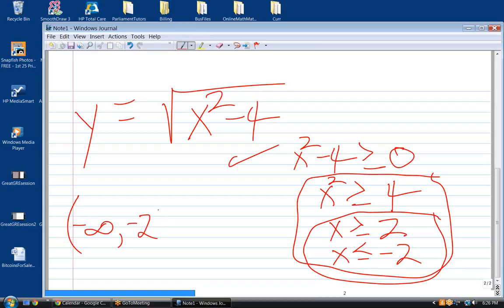And then it'd be parentheses or bracket? Bracket. It's going to be equal to. And then union with bracket 2, comma, positive infinity. There you go. And infinities always have parentheses, never brackets.